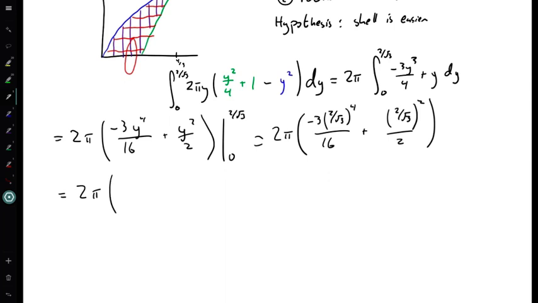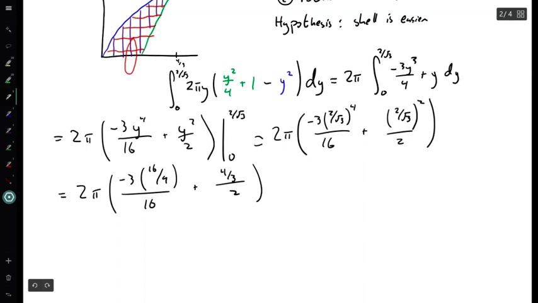If I raise 2 over root 3 to the 4th, I get that 2 to the 4th is 16, root 3 to the 4th is 9, so 16 over 9. This 2 over root 3 to the second power is going to be 4 over 3, all over 2. So we have 2 pi.